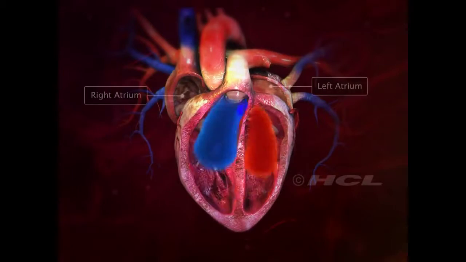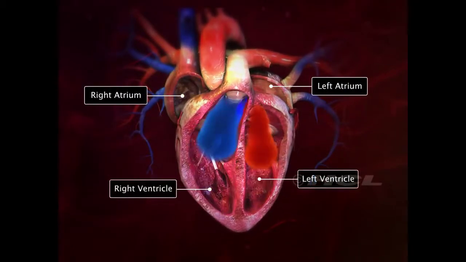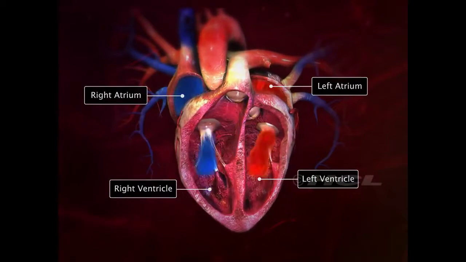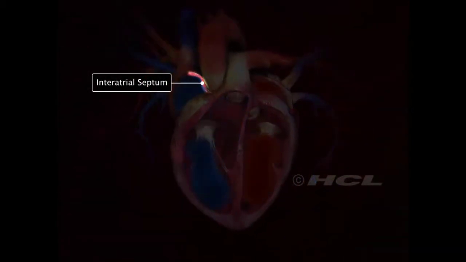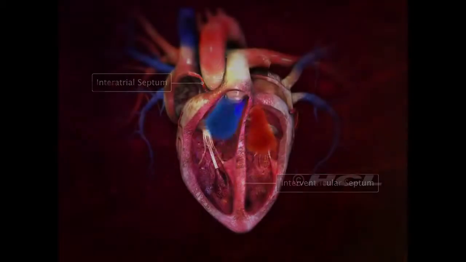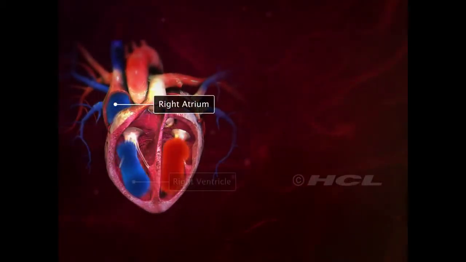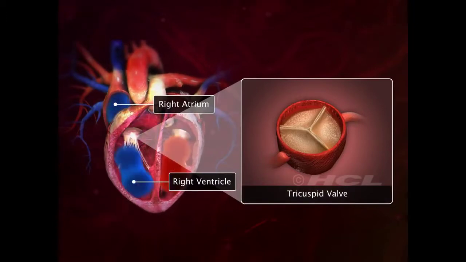The human heart has 4 chambers. The 2 upper chambers are the atria, and the 2 lower chambers are the ventricles. The interatrial septum separates the 2 atria, and the interventricular septum is the partition between the 2 ventricles. The right atrium and the right ventricle are connected through a tricuspid valve.